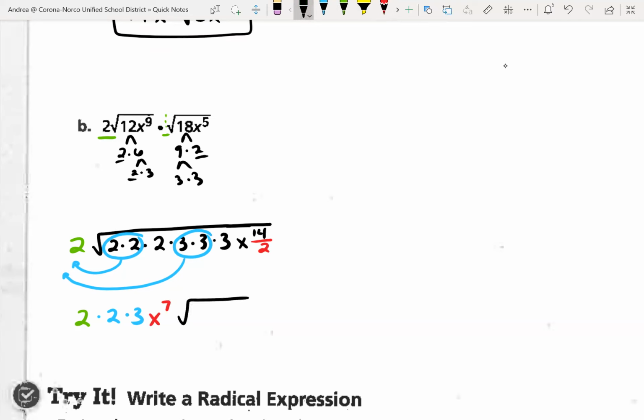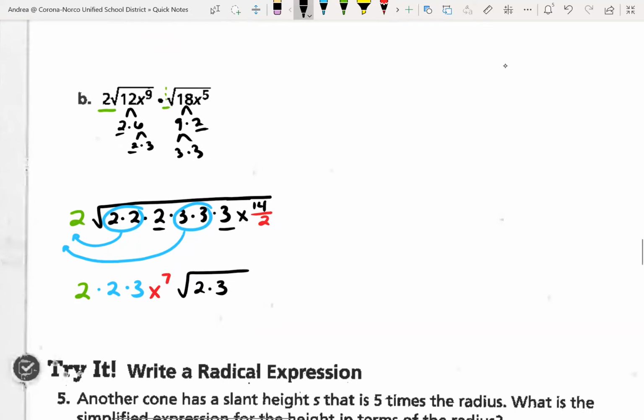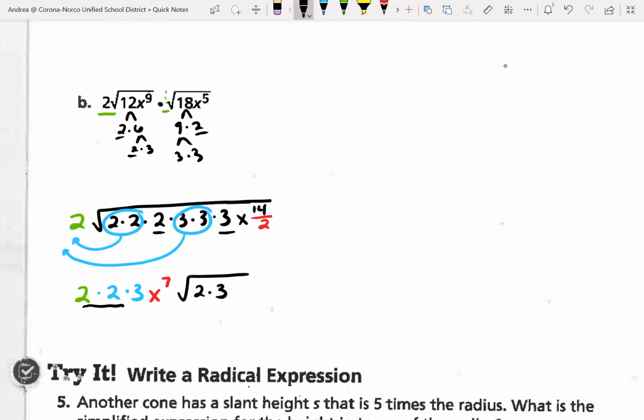Inside my radical, I'm left with the 2 and the 3. I don't have any leftover x's because x to the 14th is an even amount. So I just multiply. 2 times 2 is 4 times 3 is 12, x to the 7th. 2 times 3 is 6.